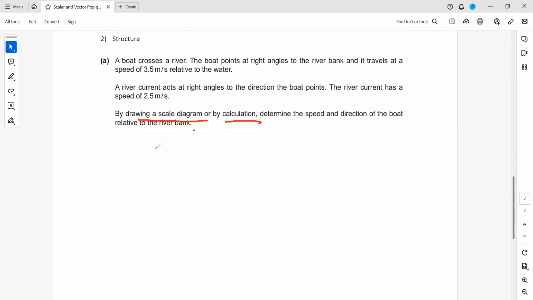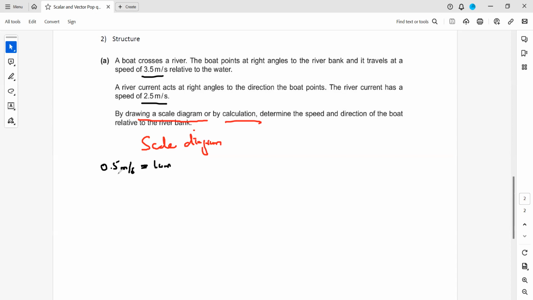For example, if we want to solve by a scale diagram, first you select a scale according to the magnitudes which are given to you. For example, we select 0.5 meter per second equals 1 centimeter.